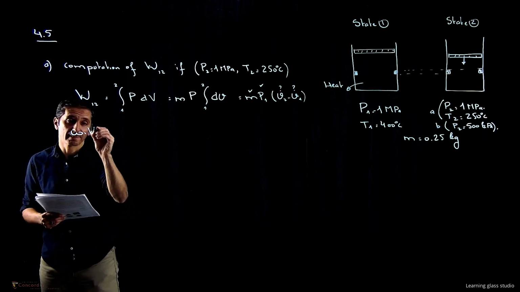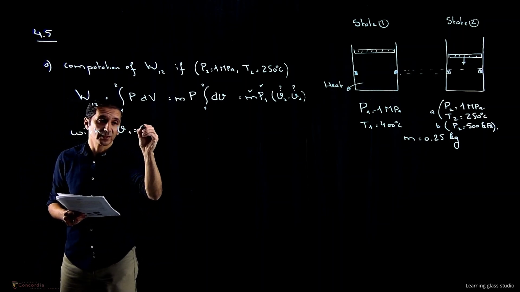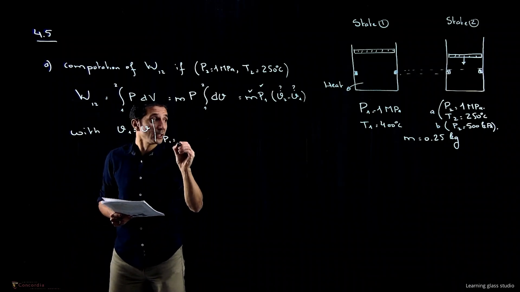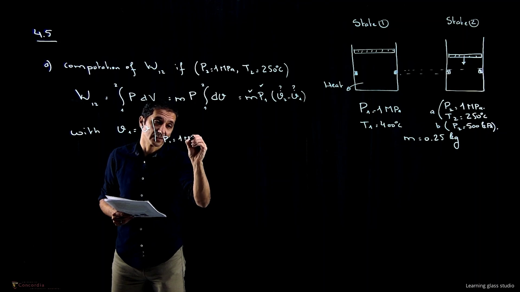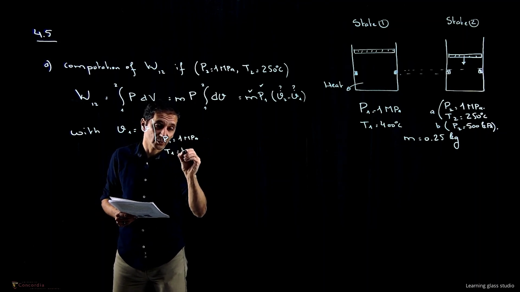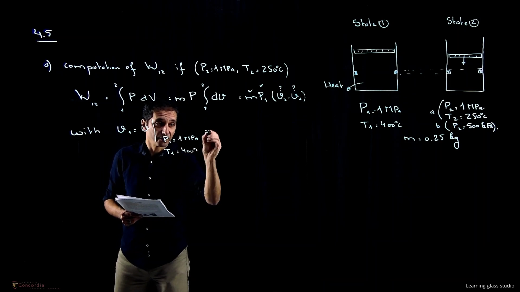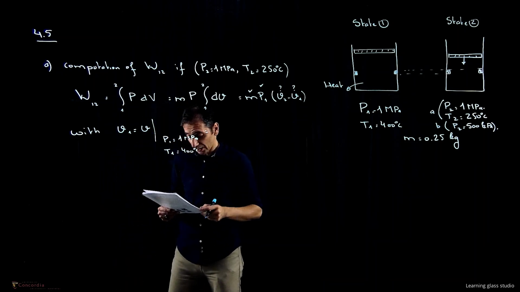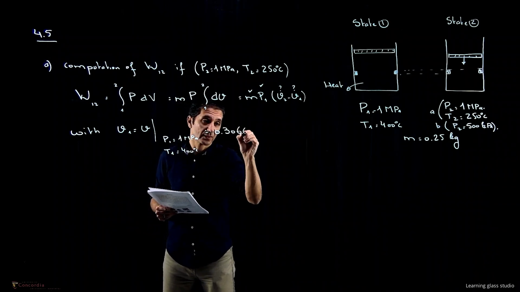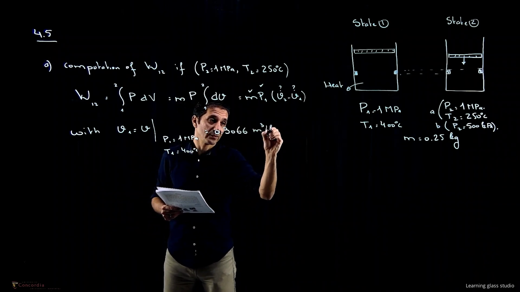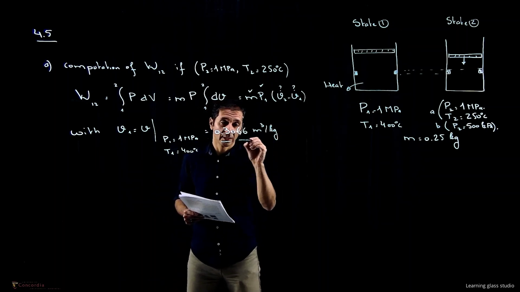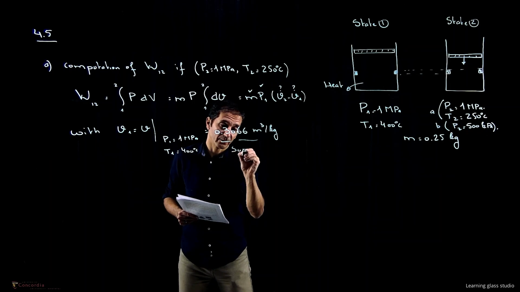With V1 equal to the specific volume under the following conditions: P1 is equal to 1 megapascal and T1 is equal to 400 degrees C. You will get a value of 0.3066 cubic meters per kilogram from a table, and you will find this as superheated vapor.